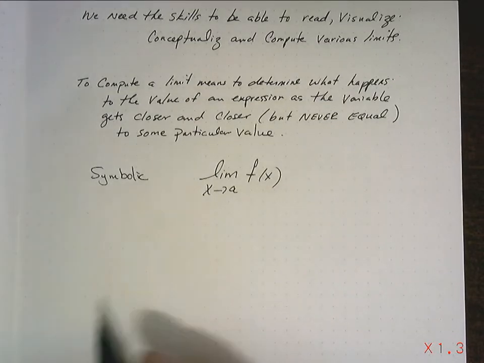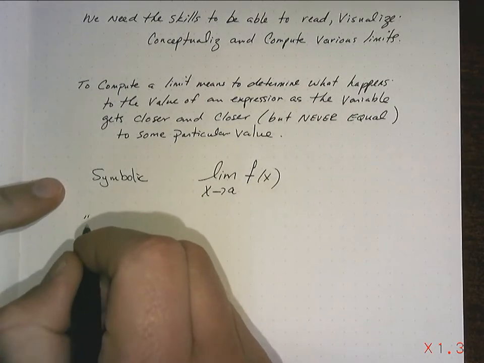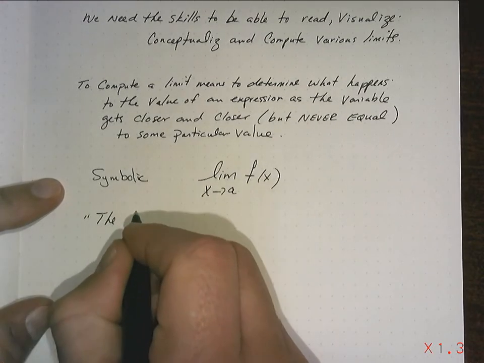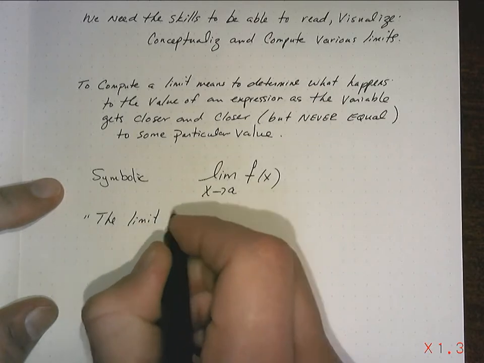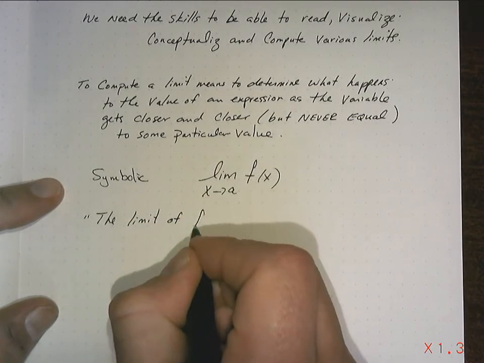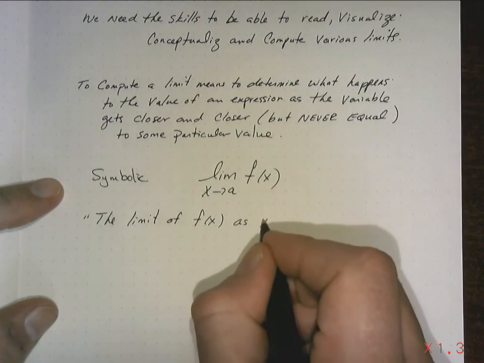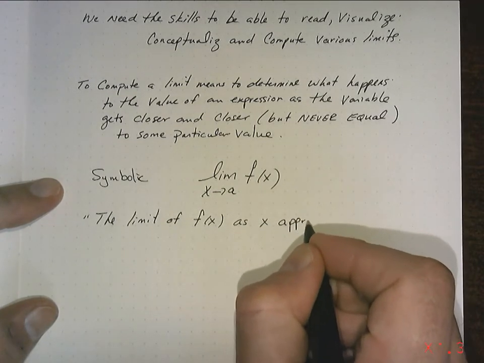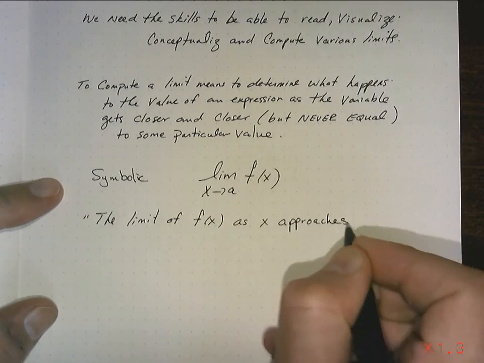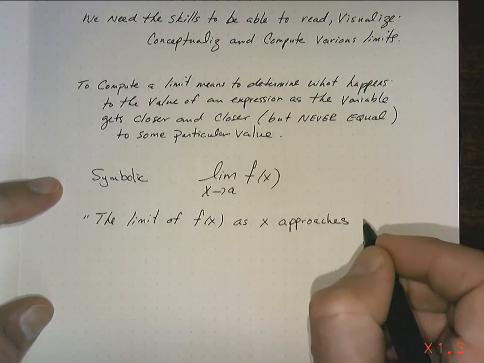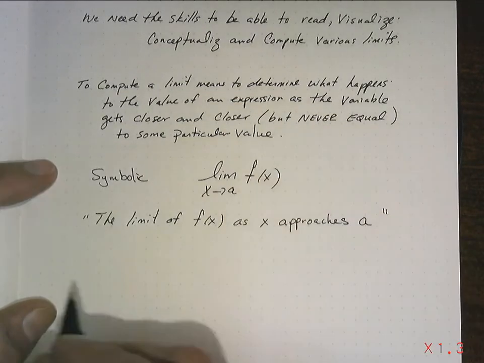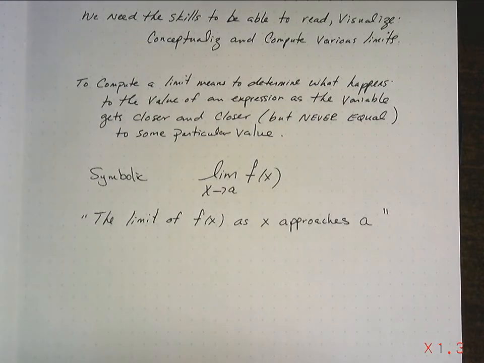And how we read this is we say the limit of f of x as x approaches a value a. And that's what we call a limit. And isn't that just splendid?